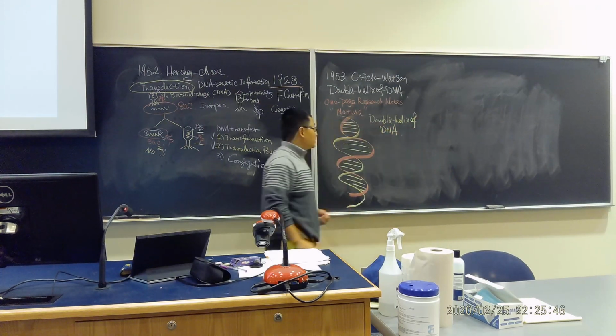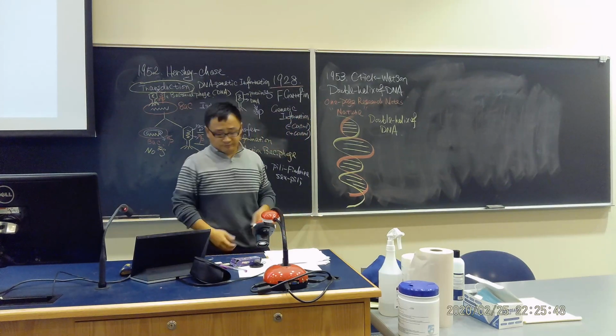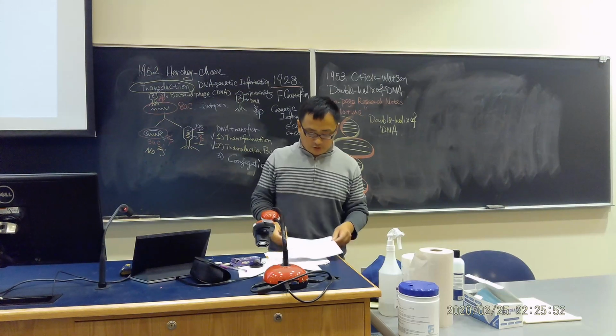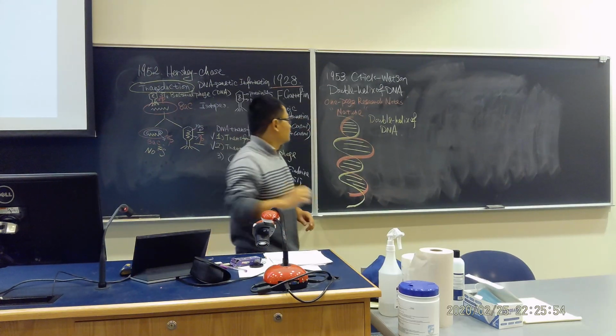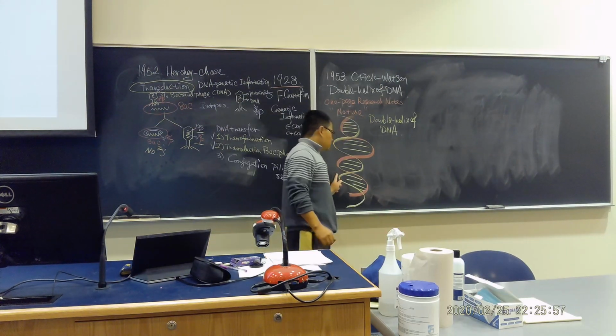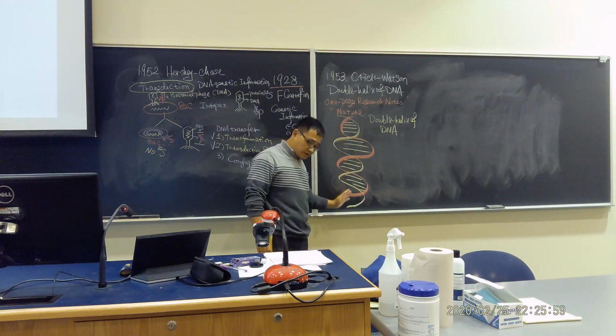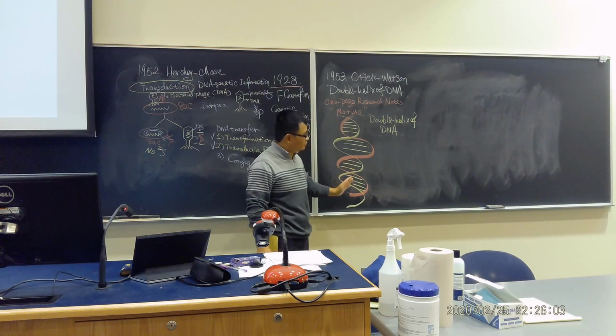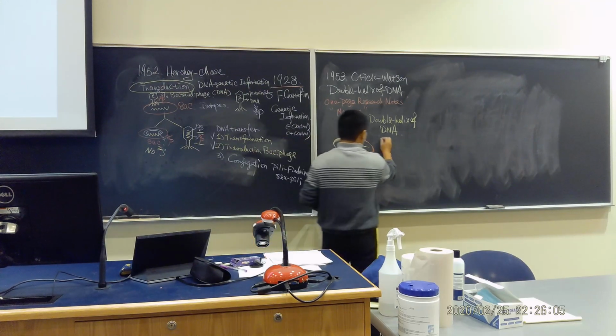Okay, once they found this double helix of DNA, you need to verify it. It is important because it's very magical stuff. What is the most important implication of the double helix DNA?